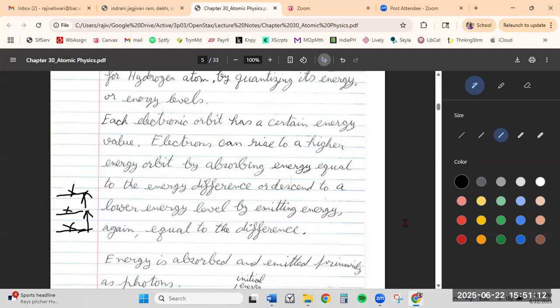So electrons can rise to a higher energy orbit by absorbing energy equal to the energy difference. So for example, let's say the energy of this was 2 joules, and the energy of this level is, say, 5 joules.